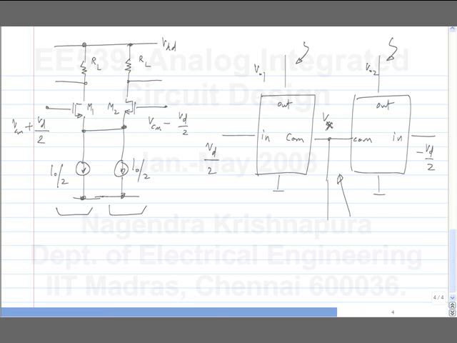You use superposition. So first the two circuits are identical. First I'll apply Vd by 2 to this side and 0 to the other side. What will I get here? I don't know, but I'll just call it some Vx1.